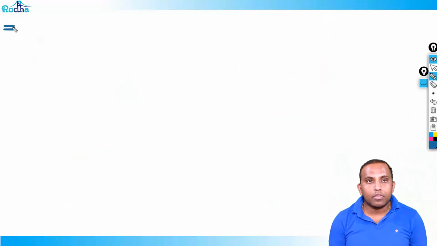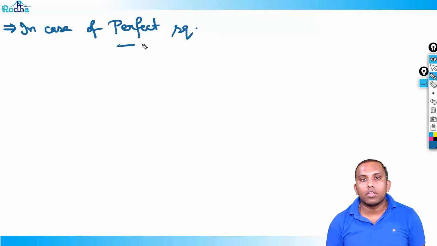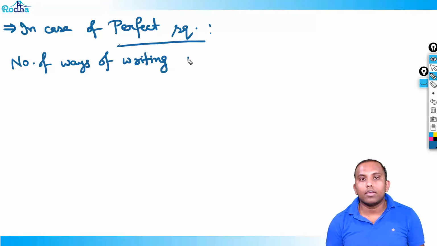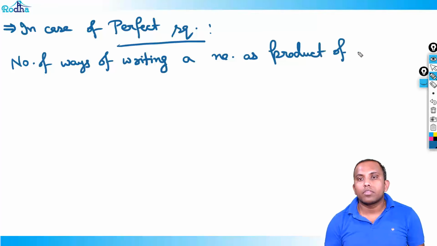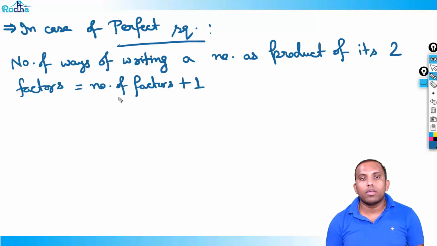So I can write, in case of perfect squares, the number of ways of writing a number as a product of its two factors is number of factors plus 1 by 2.